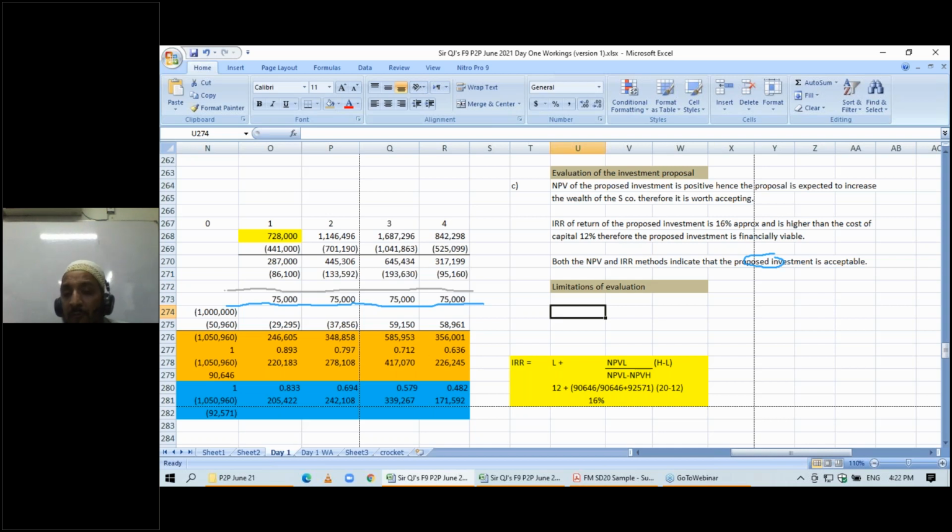If you want to improve your answer, it's not enough that you give limitations. You can also mention some solutions to those limitations. Like in this case, if you have a sales volume which is not certain, and it can be different from that which we have considered in this question, we can use sensitivity analysis, or what if analysis: if the conditions change in the future and the sales volume changes, what happens to the net present value?